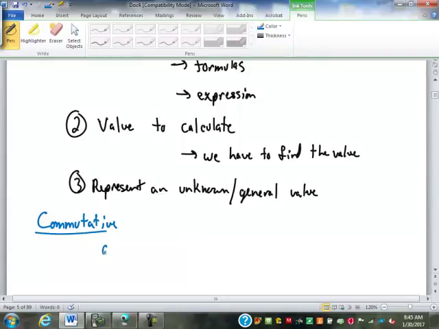For example, for addition, there's a commutative property for addition that states A plus B is always equal to B plus A. So here, A and B don't represent any particular value. They represent any possible value. I can pick any number for A, and I can pick any other number for B, positive or negative. And when I add them together, it doesn't matter which one I start with. They're going to end up being the same.